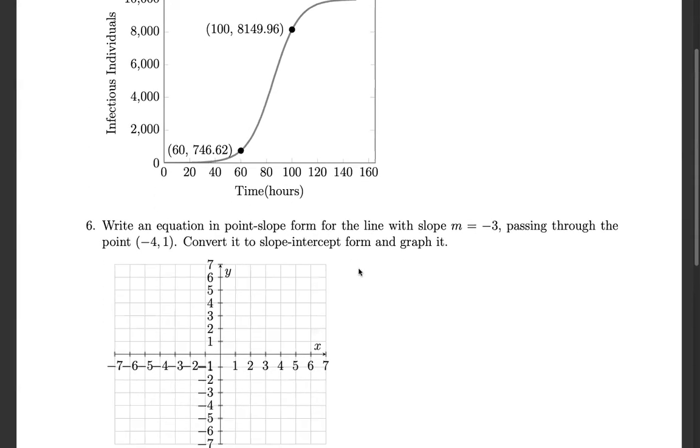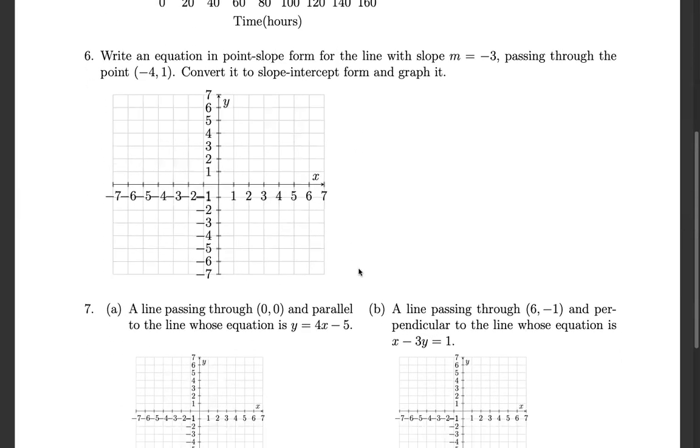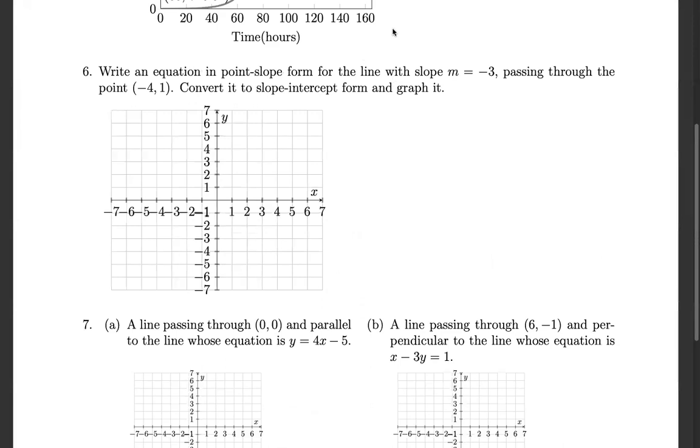Let's see, question 6. We want to write the equation in point-slope form. What is point-slope form? Remember, slope is y2 minus y1 divided by x2 minus x1.